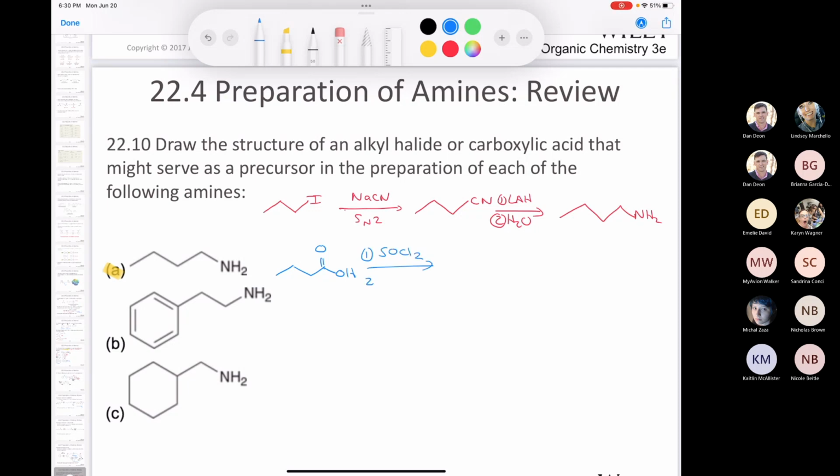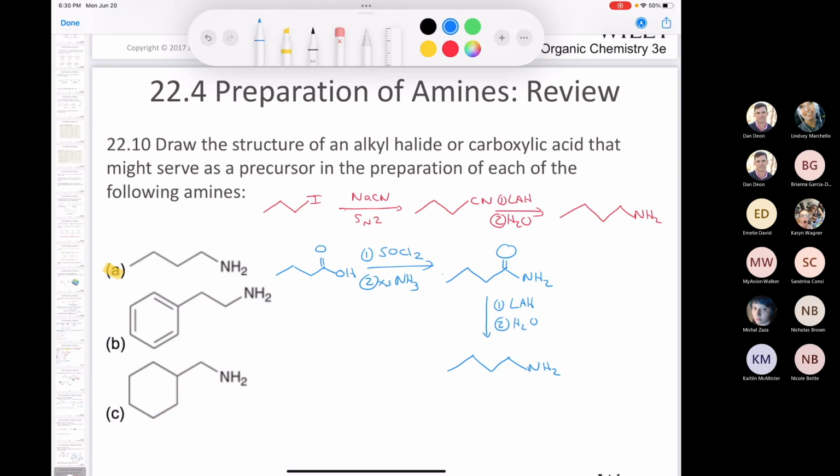Then we treat it with excess ammonia, which makes the primary amide. So 1, 2, 3, 4, we get the primary amide. And then we just do the reduction of the primary amide. First step is lithium aluminum hydride, and second step is water, of course. That's going to give us the same old 1-butanamine. Or you could call it butylamine. Either one would be perfectly fine.